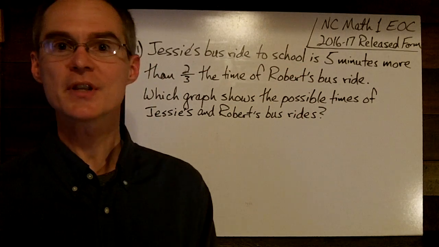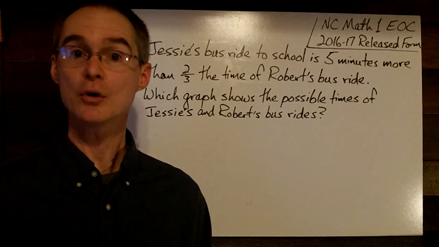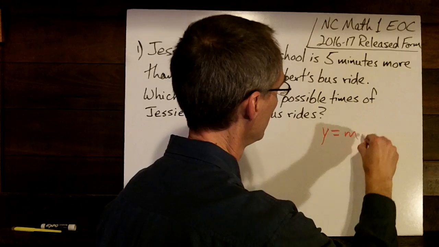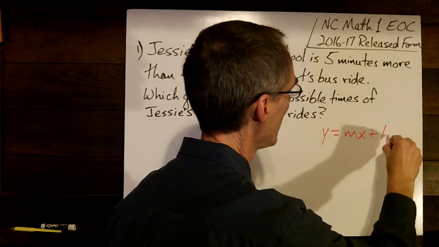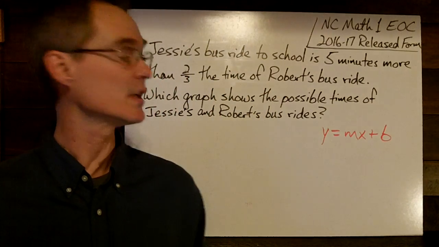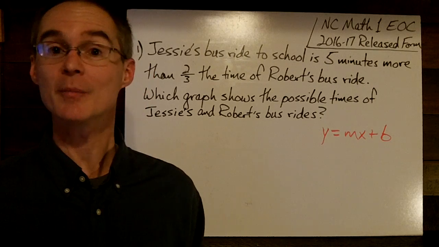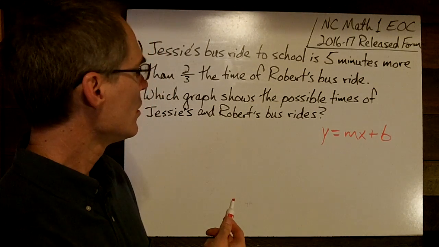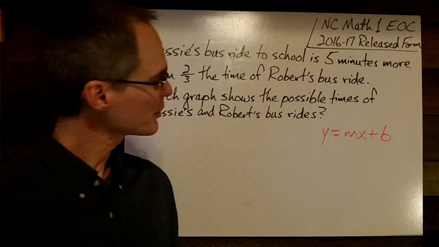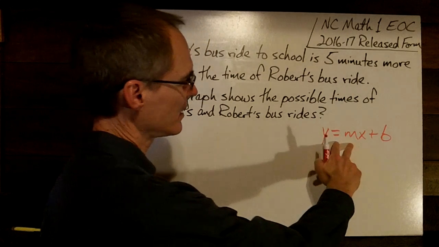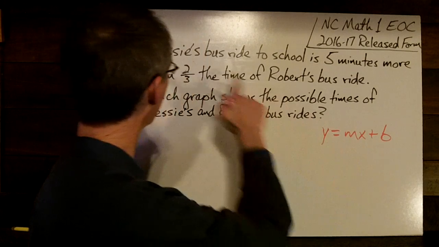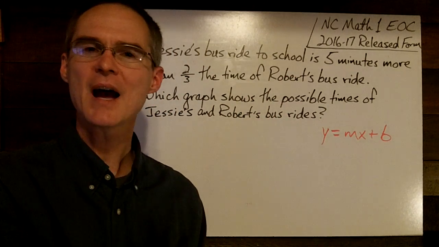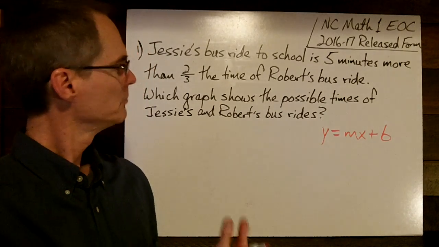And you can also represent them using algebraic notation, most often in the form of an equation that looks like this: y equals mx plus b, which is called the slope-intercept form of a linear function. So if I could represent the graphs using this equation, and if I could represent maybe this sentence using this equation, maybe I could match them up.